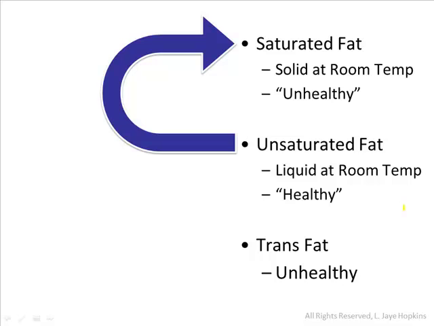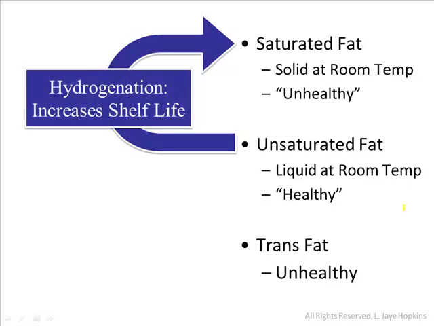So really what's happened in our modern world is we've taken unsaturated fats in food that might be very, very susceptible to things like oxidation or other chemical reactions that impact shelf life, and we learned that there's a process we can do, which we'll look at later in this section, called hydrogenation. When you hydrogenate an unsaturated fat, you add hydrogen to it, breaking bonds to create a saturated fat.